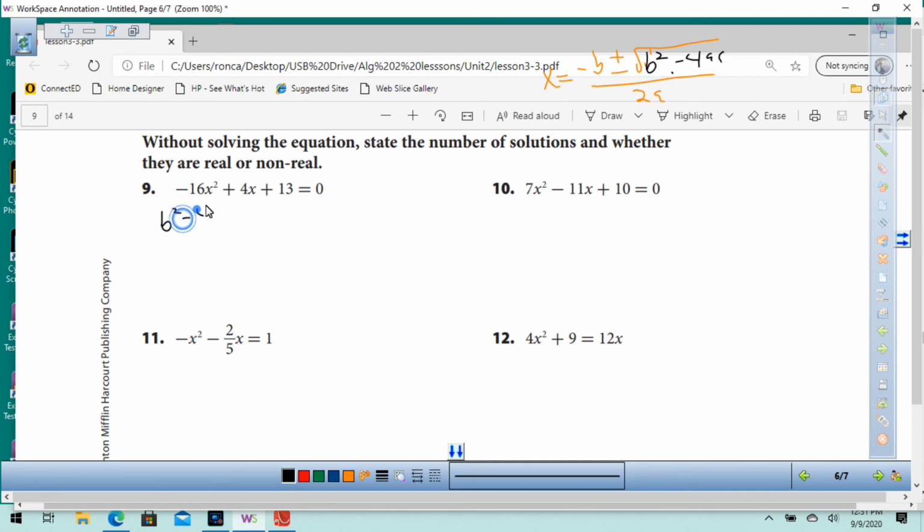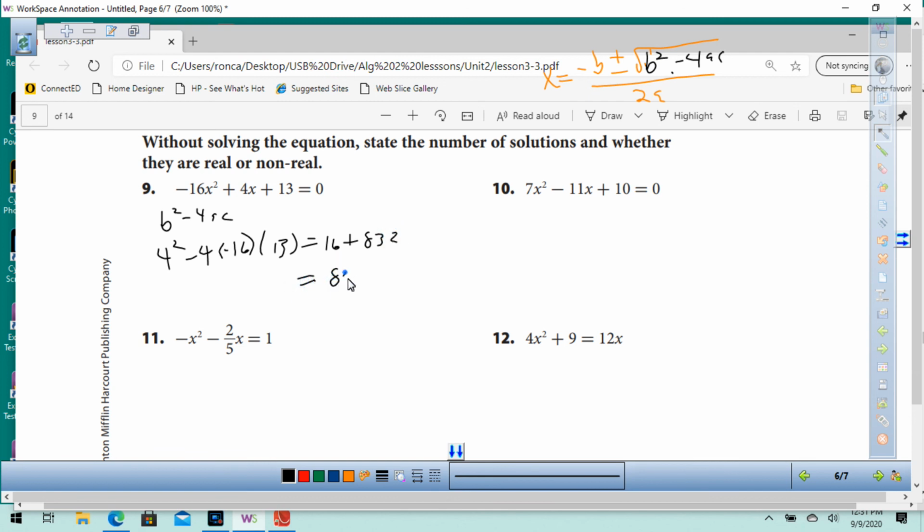So this b squared minus 4ac, that is called the discriminant. b squared, that's going to be 4 squared minus 4 times a, that's going to be negative 16 times 13. All right, that's it. 16 plus, and I get 832.